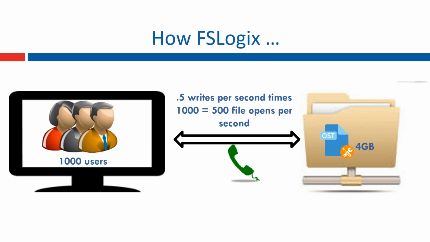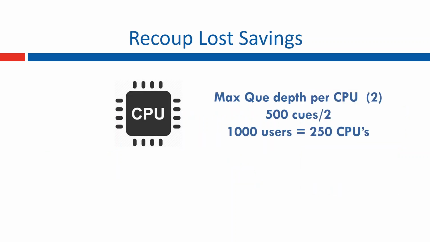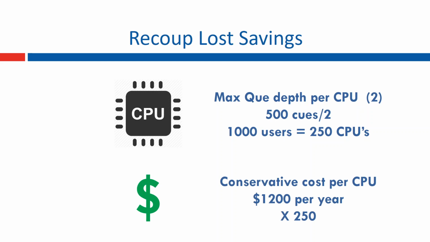Okay, and if you think about the cost per CPU, on average it's $1,200 per year. And that math is what we're trying to compete with, right? Financially, to run file shares for OSTs at that number of CPUs doesn't make any sense, right? Well, how can we design around that with newer technology, right?